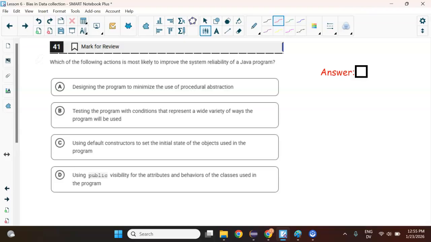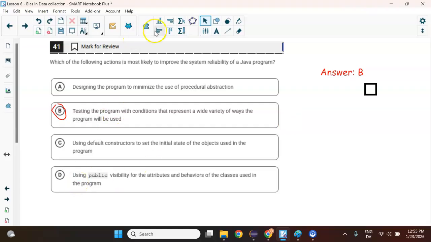Okay, hopefully you got a chance to try it. The reliability, okay? This is sort of a diversity thing. You want to make sure it's tested on all the possible different conditions, all the different ways the program could be used, or all the different possible scenarios. That's going to give you the best result.